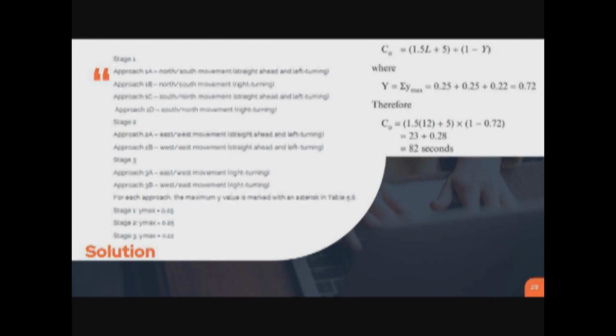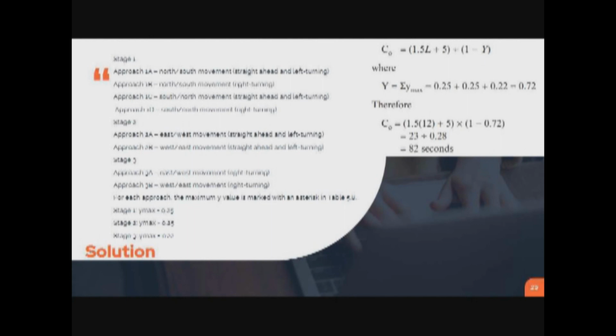However, approach 1A and approach 1C are straight ahead and left turning, while approach 1B and approach 1D are right turning. In stage 2, we have approach 2A and approach 2B.